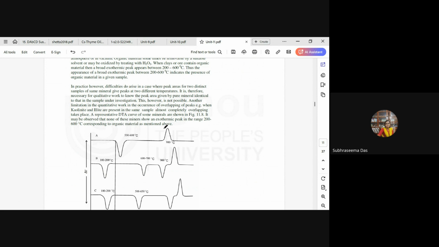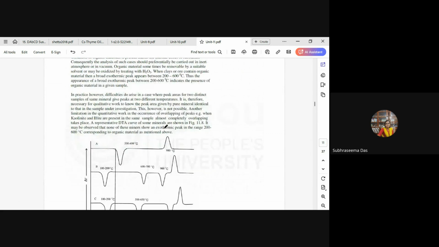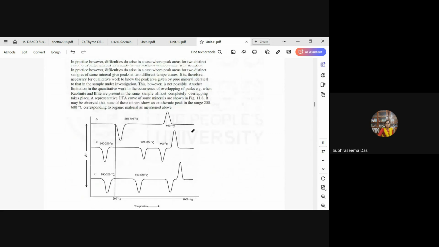Here in this figure, there are certain limitations. Just by looking at the graph, the peak area has to be known for identification of a pure mineral. But the limitation is that if we combine these three plots, there is a possibility of overlapping of different peak areas.